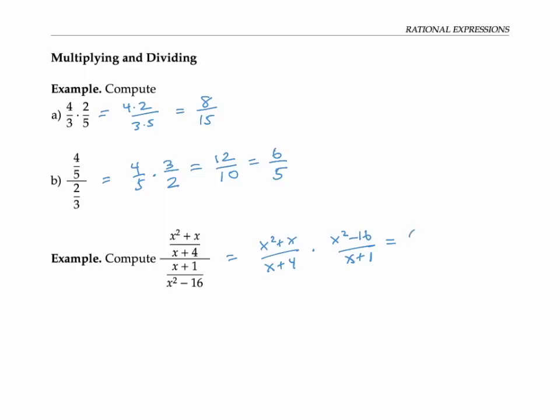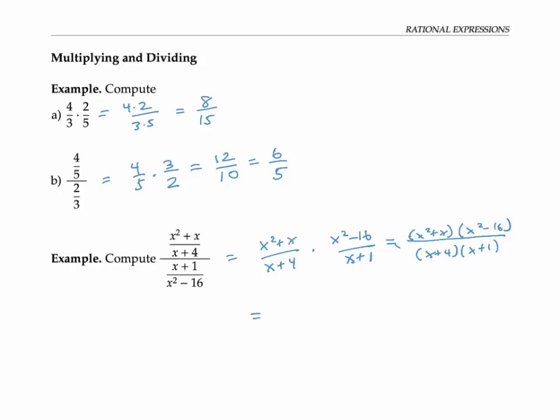And now we just multiply the numerators and multiply the denominators. It might be tempting at this point to multiply out, to distribute out the numerator and the denominator, but actually it's better to leave it in this factored form and factor it even more completely. That way we'll be able to reduce the rational expression to cancel the common factors.